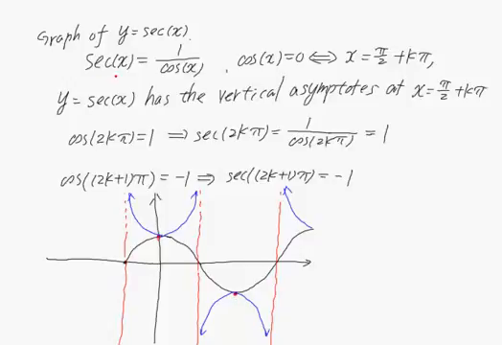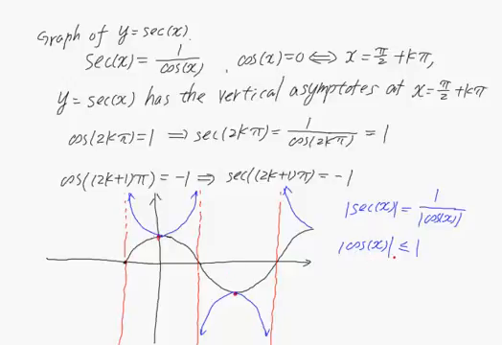Actually, from this identity, we know the absolute value of secant x is equal to 1 over the absolute value of cosine x. And we know the absolute value of cosine x is less than or equal to 1, right? Always between -1 and +1.